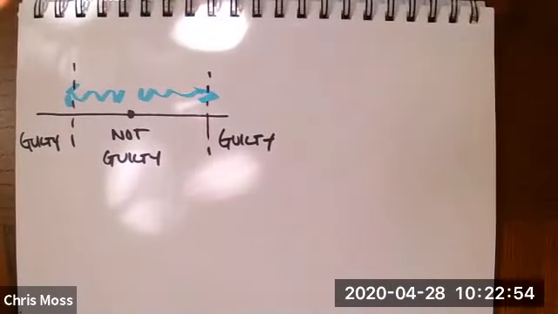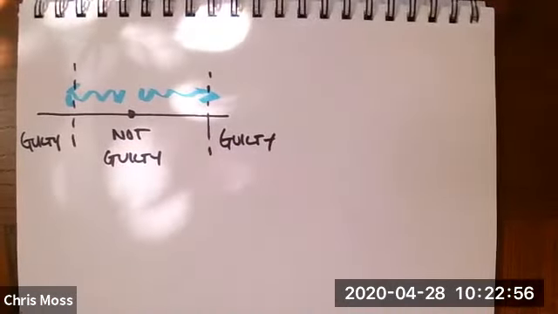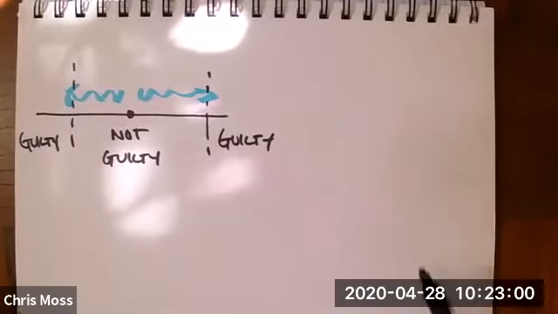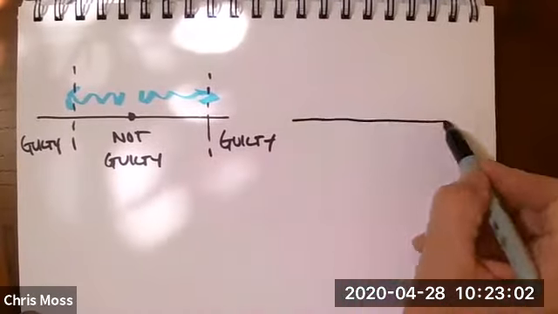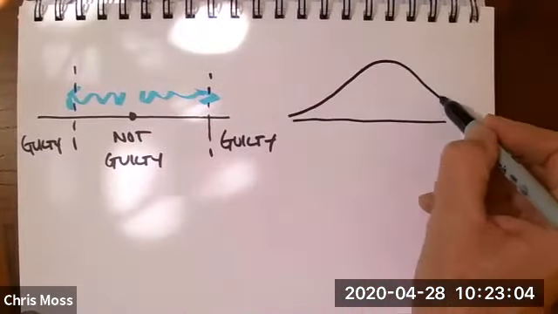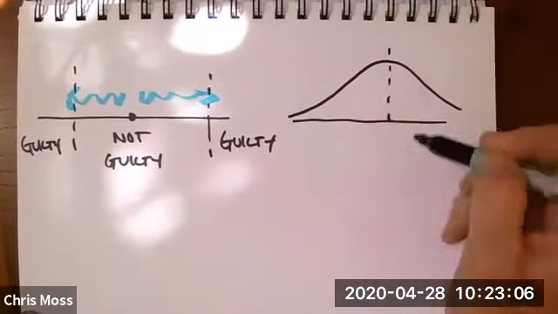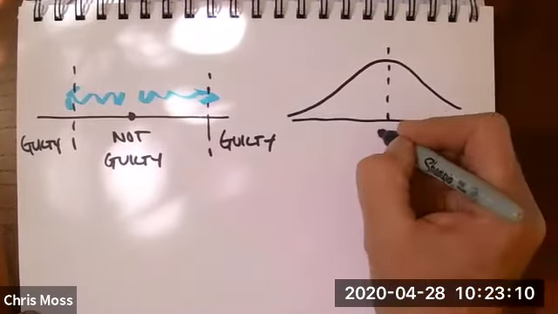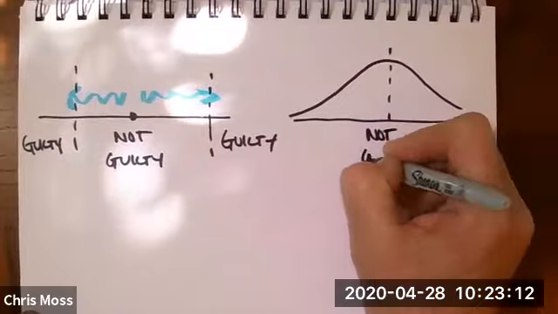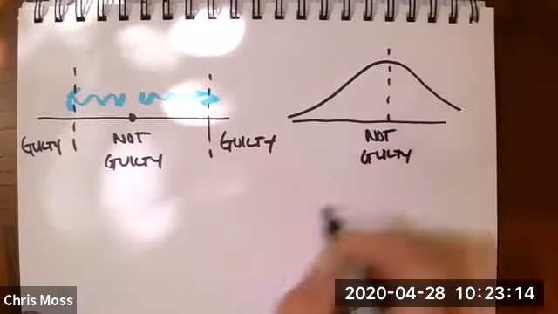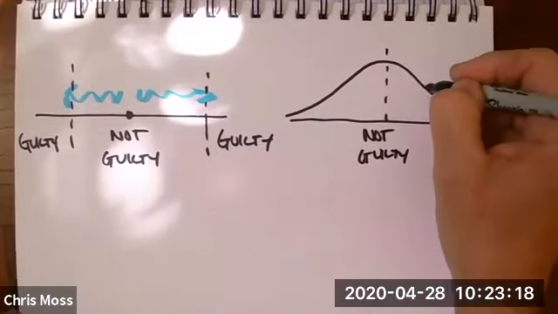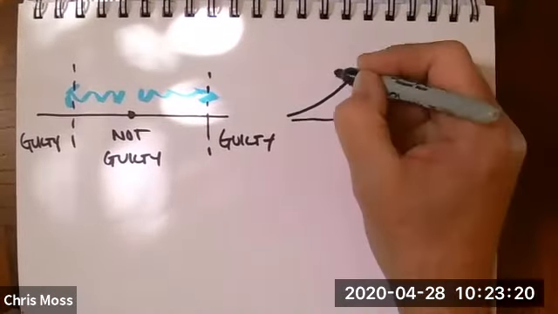It's very, very similar when we work with a hypothesis test in statistics. Here in the hypothesis test, we actually use a distribution. We have something called the null hypothesis, which is equivalent to the not guilty. And evidence is collected via samples, and we'll use the central limit theorem.